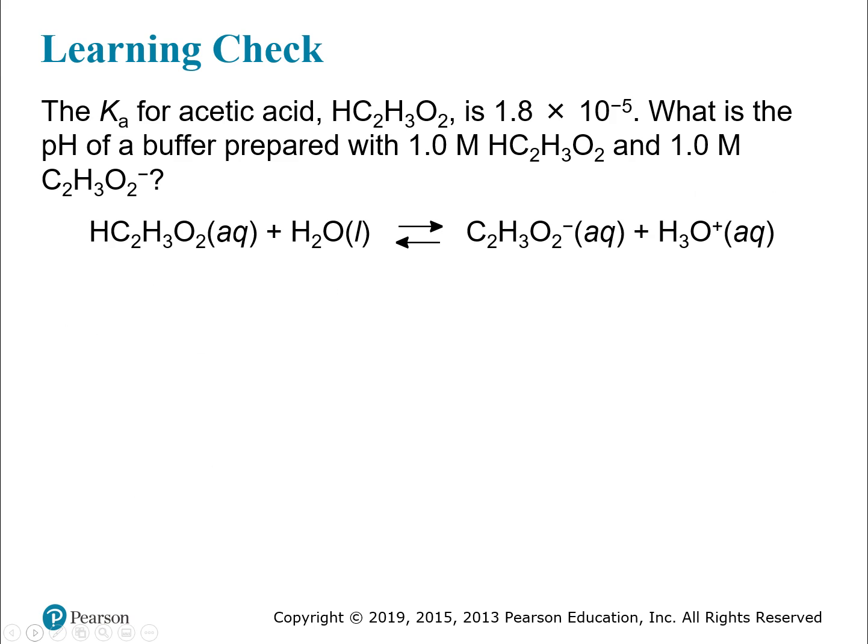This will help us if we're trying to make a buffer. So if we know what the Ka is, and we're given the concentrations of both the acid and the conjugate base, then we're able to calculate the pH. It's a 2-step process, so I'll walk through it. First, let's write the dissociation expression.